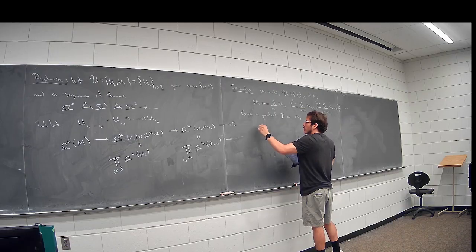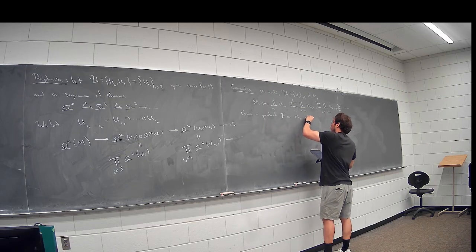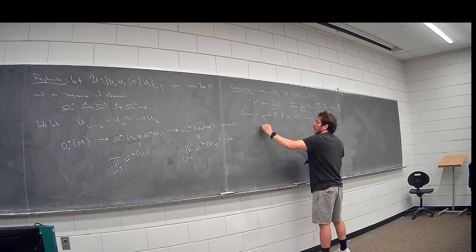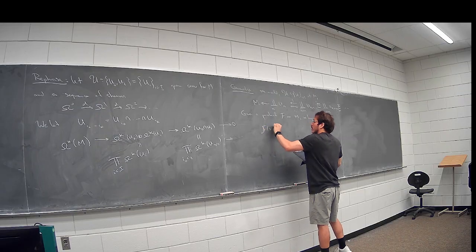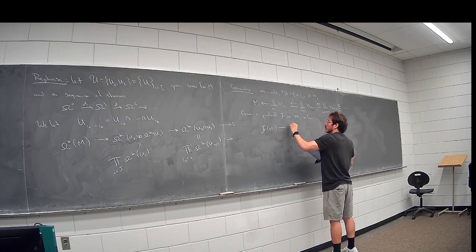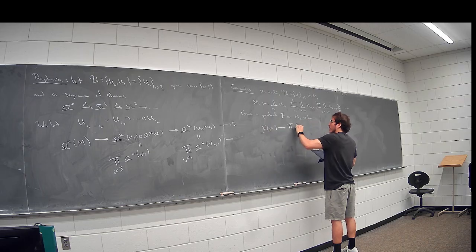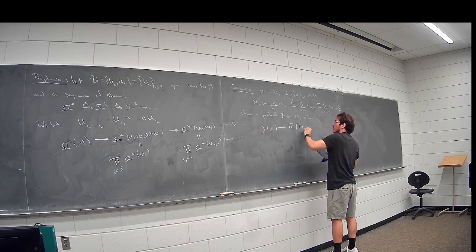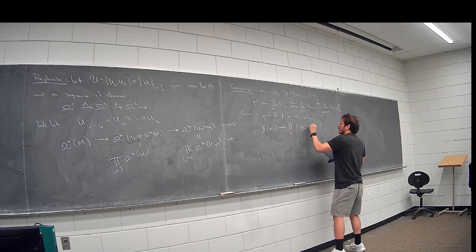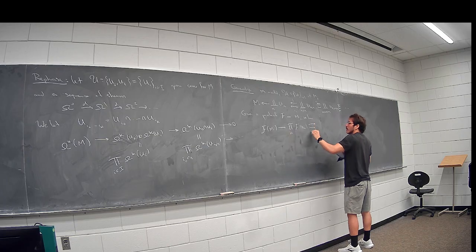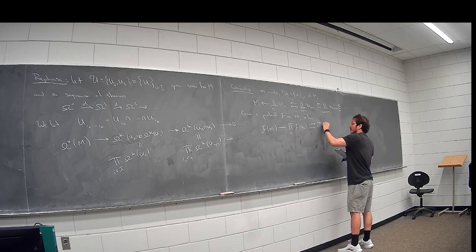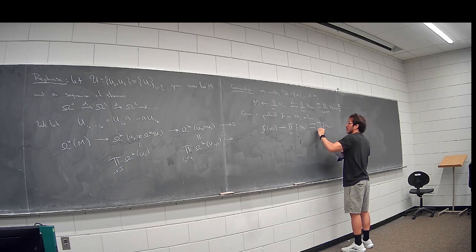So we have F of M, and I have a single map here to the product of F of U alpha 0. I'm going to have two arrows to the product of F of U alpha 0 alpha 1.